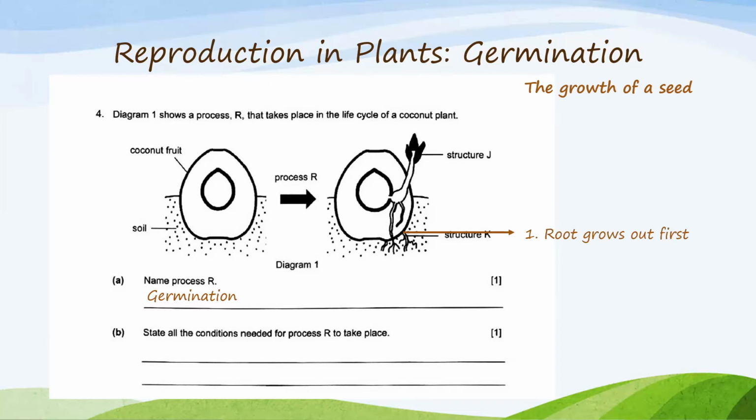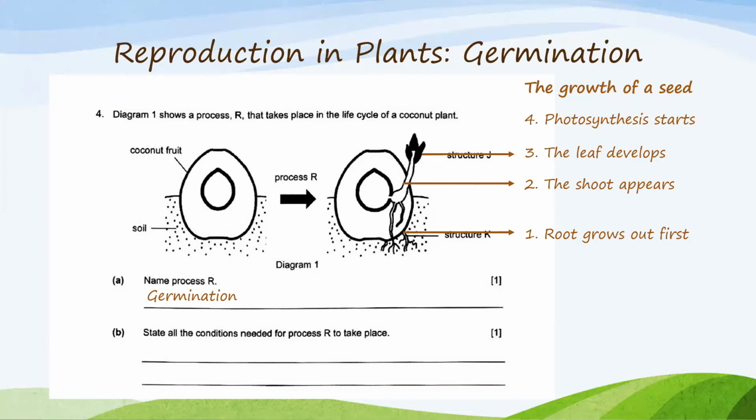Because it is to absorb water and mineral salts from the soil. Next, the shoot appears. After the shoot appears, then finally the leaves. The leaves start to develop, and once it has its first few leaves, then the seedling or the young plant can start to make food for itself, start the process of photosynthesis. So this is the process of the growth of a seed into a young plant.